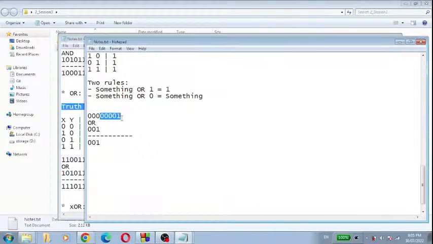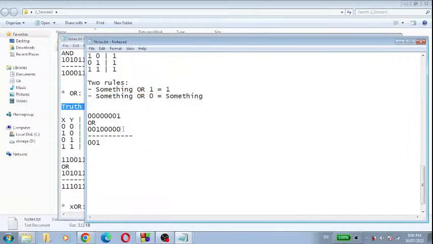So how could I achieve this? I could put all these adjacent bits to zeros. When I OR zeros with any bit, I get the same bit, like this rule says.